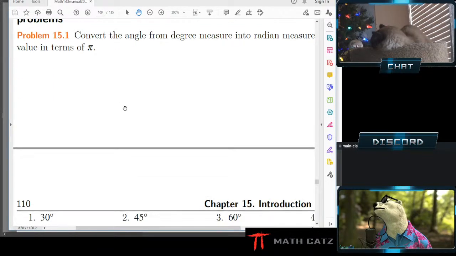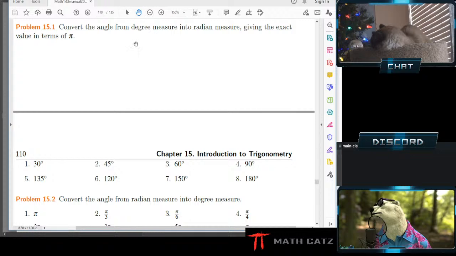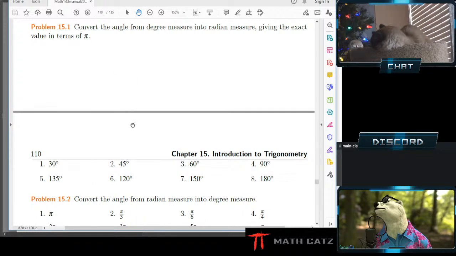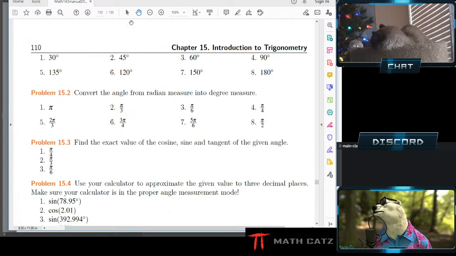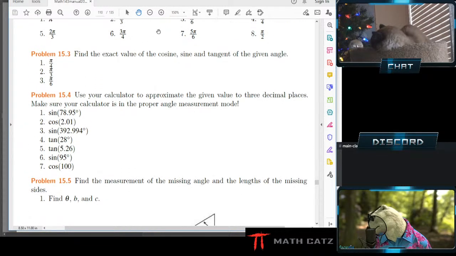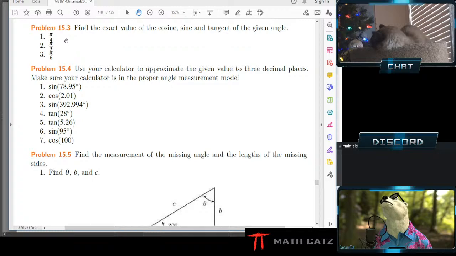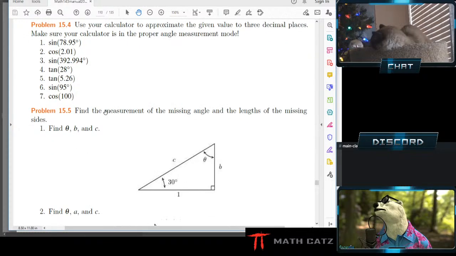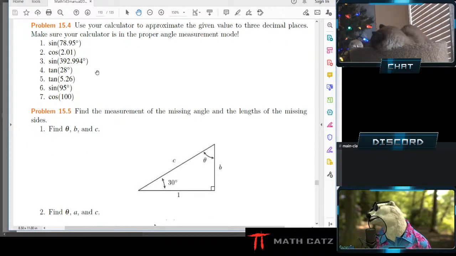In the meantime, there is some problems you can practice. 15.1 is a conversion problem, which you might have done already. 15.2 is a conversion problem in the other direction. Problem 15.3 is ones we sort of just did. Find the cosine, sine, and tangent of these angles. And then you can also practice your calculator use, which is important, in 15.4.